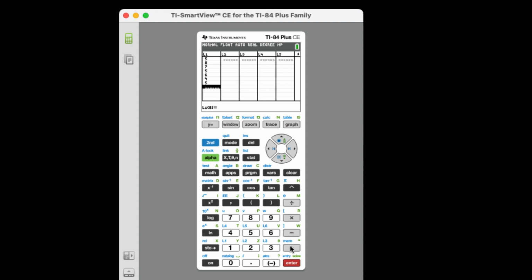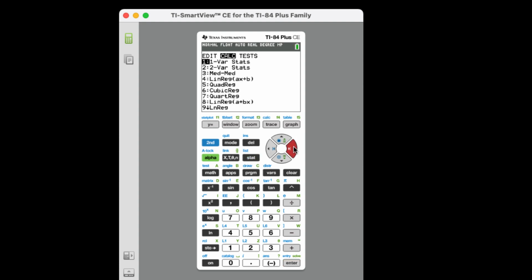How did you get the mean? Go stat, calculate, 1 variable stats. It's already on it. You guys remember that? It's back. Isn't all that data in list one? Okay, then hit calculate.